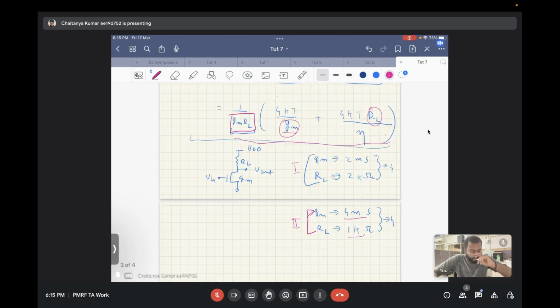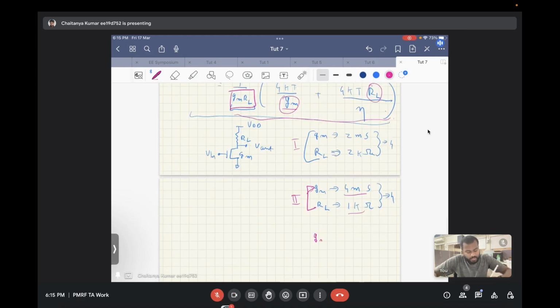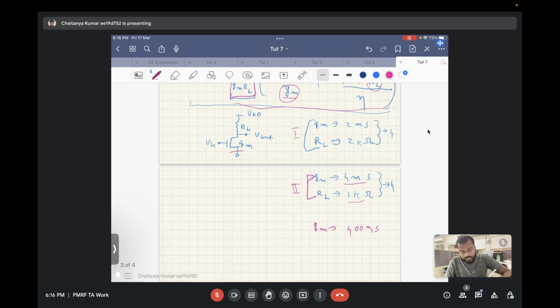So one can also argue, why not go all the way and make Gm a very high number, let's say 40 millisiemens or 400 millisiemens, and RL a very low number. What will be the problem in that? Well, the Gm that we make here is like the Gm we get in a transistor.